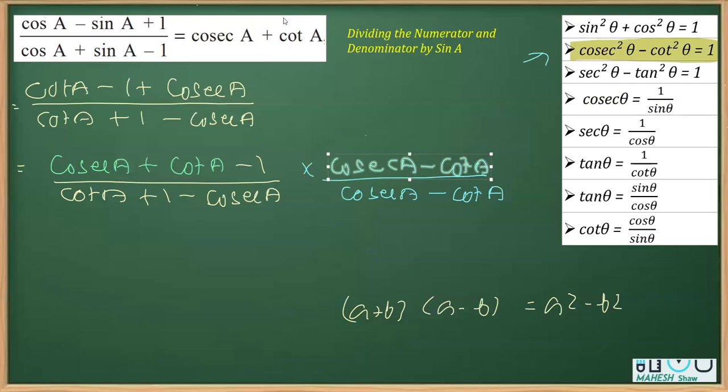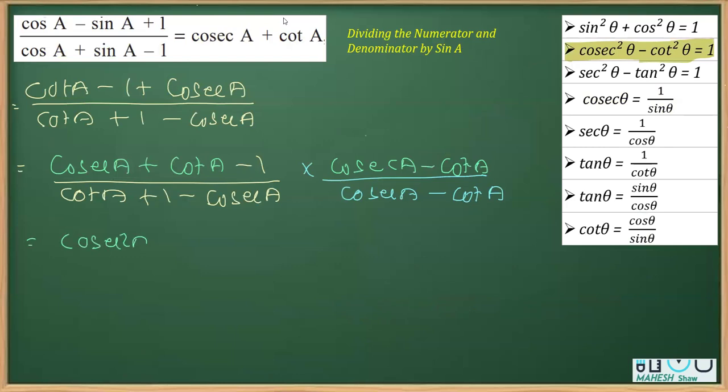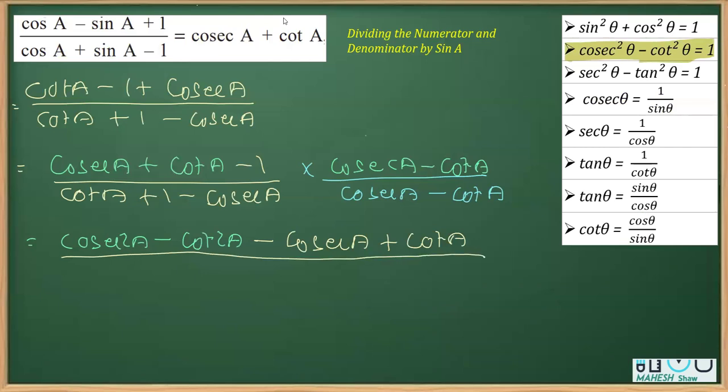As I said, A plus B into A minus B is A square minus B square, and we are doing so to obtain cosec square A minus cot square A. So if I multiply this with this, I'll get cosec square A minus cot square A. Now if I multiply this minus 1 with this, that is minus 1 into cosec is minus cosec A, and minus 1 multiplied by this is positive cot A. Now the denominator will not do anything, we'll keep everything as it is.